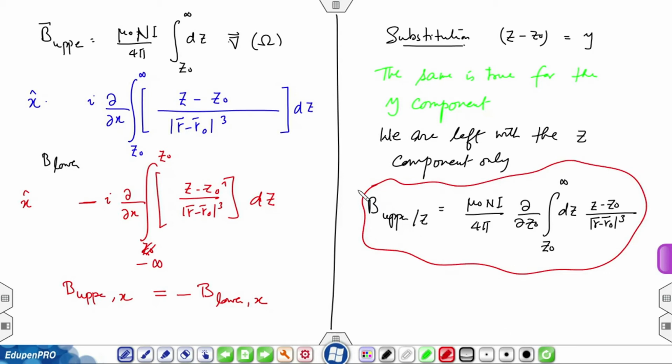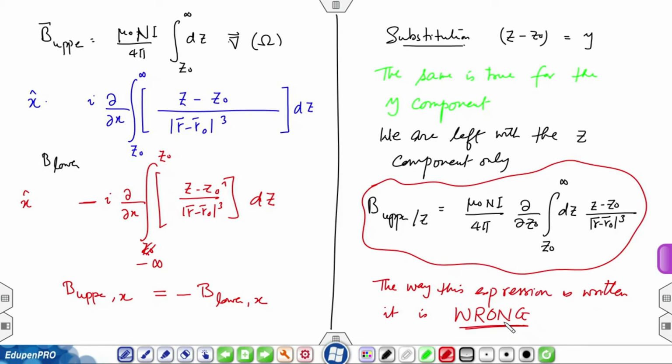The way this expression is written, it is wrong. And this is to remind you that I am first calculating the field and then integrating it.